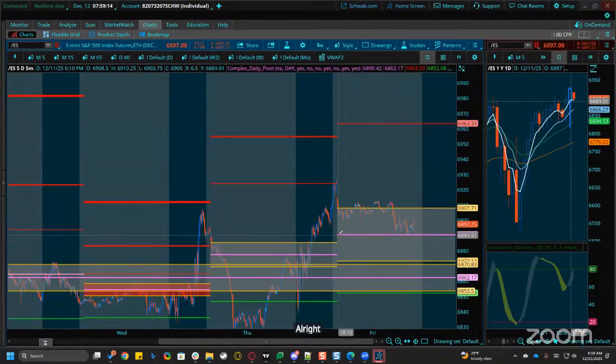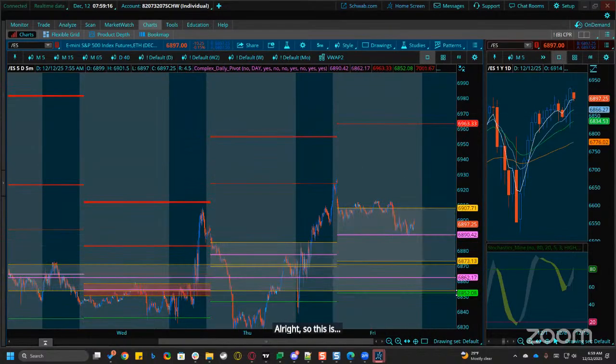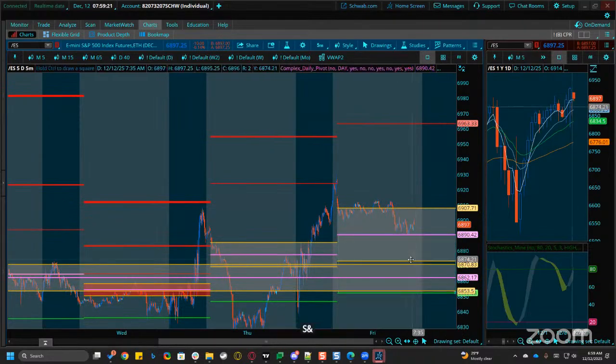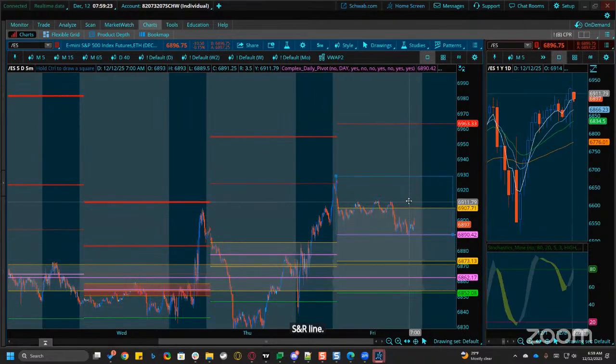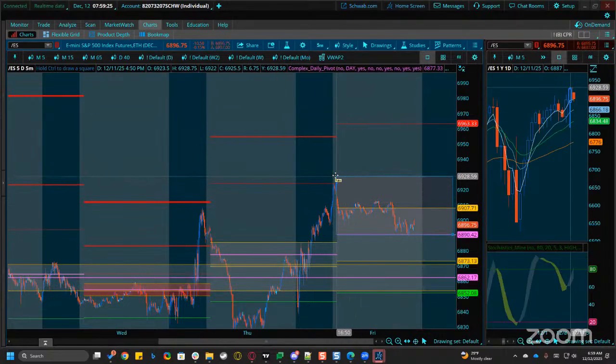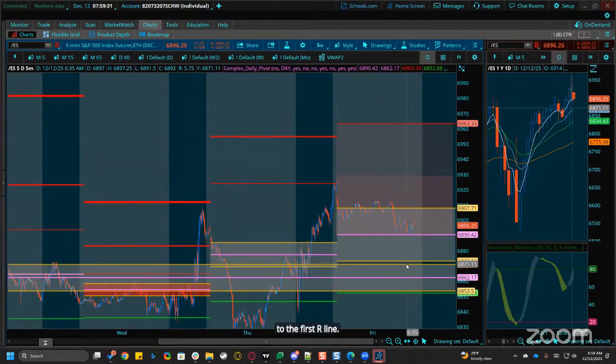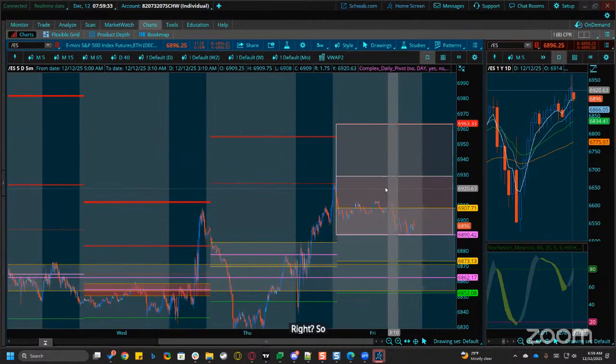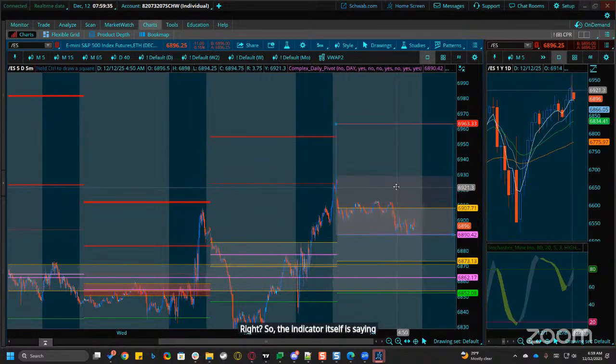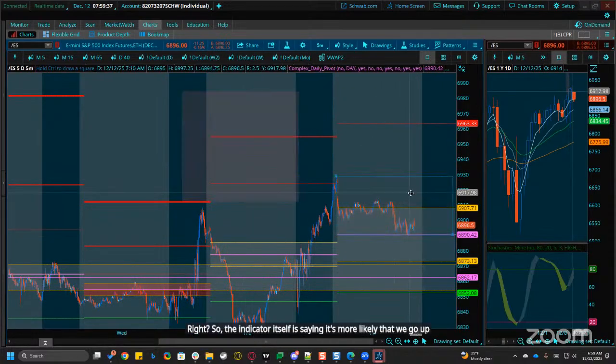All right, so this is the distance to the first S&R line. And that is the distance to the first R line, right? So the indicator itself is saying it's more likely that we go up than down.